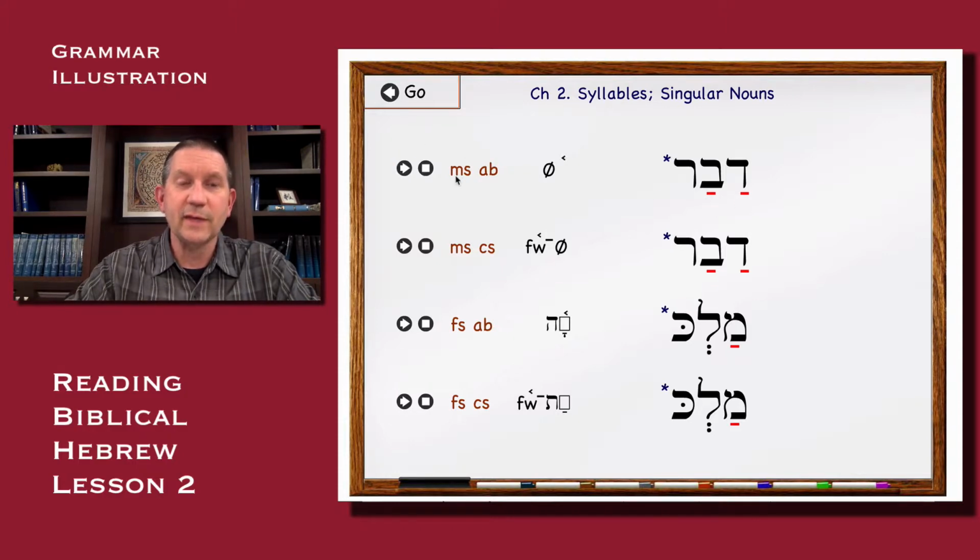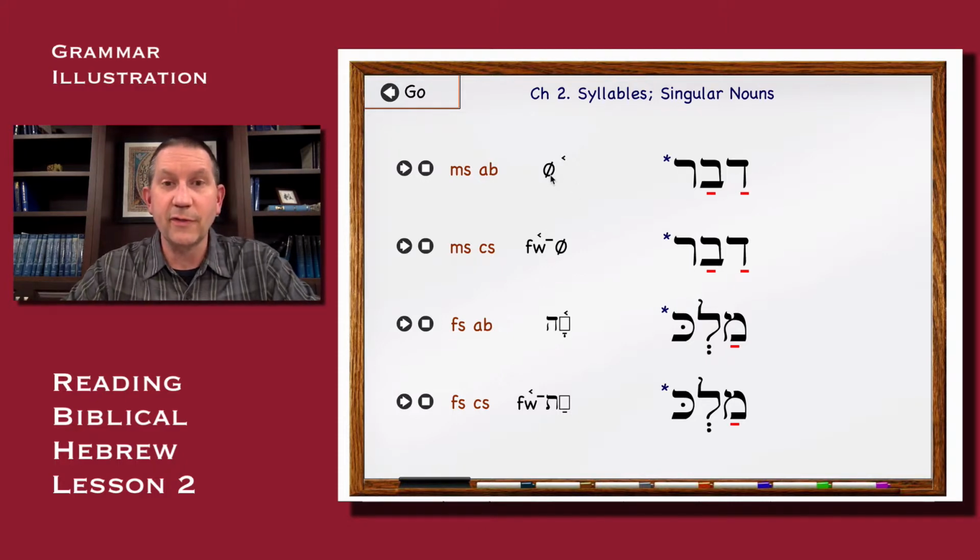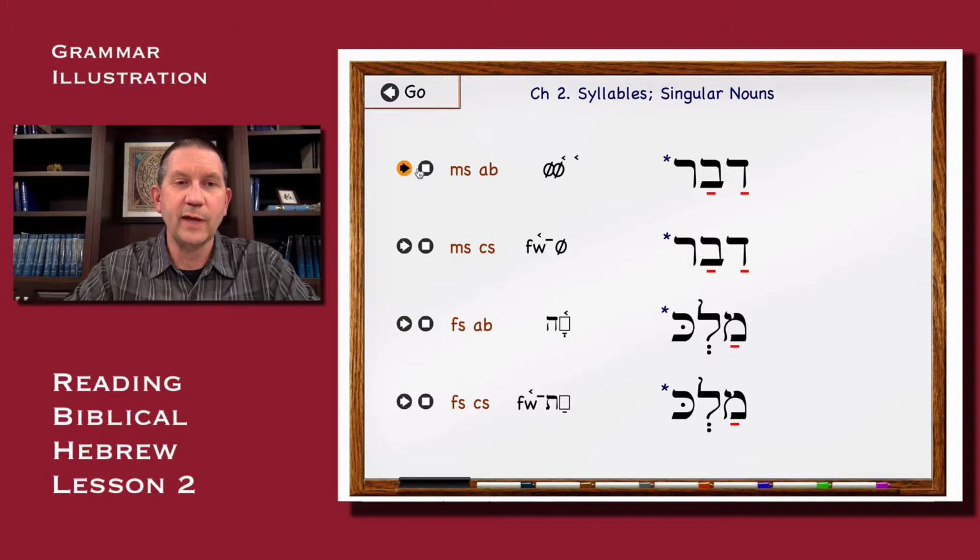So when we make the masculine, singular, absolute form, we are actually lengthening these. The ending for masculine singular nouns is nothing. It's 0. So we're going to put that on. Boom, and it brings the accent with it, and now the accent principles are going to go into effect.